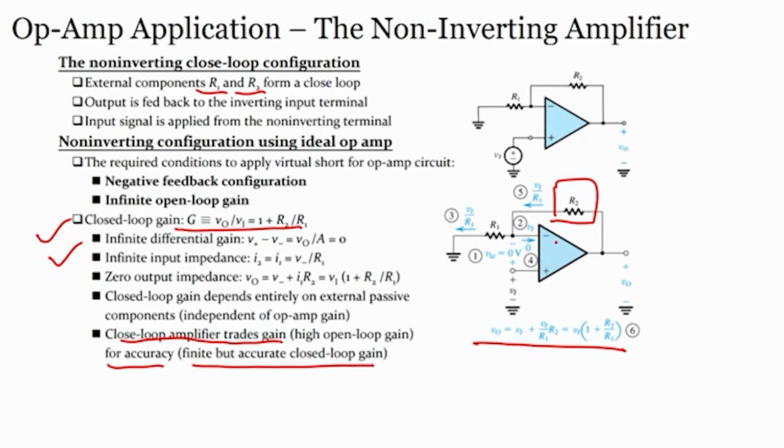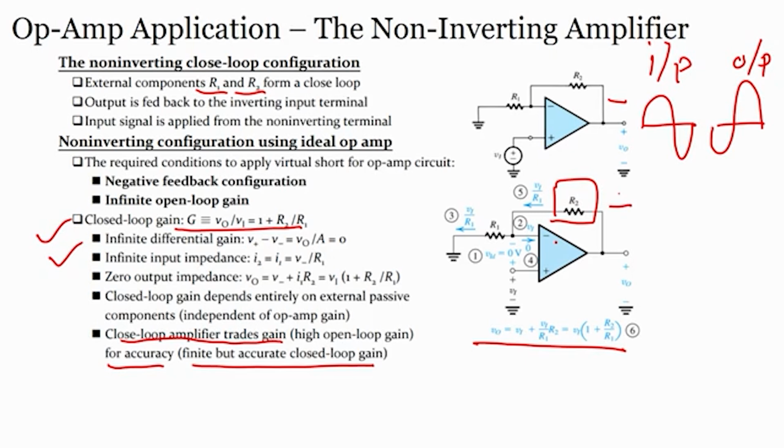Now, one thing we have to understand clearly is the difference between the two amplifiers. Let me write it down. If this is input and this is output, then in case of the inverting amplifier, I am writing just a minus symbol, the signal if I apply here, the output would be opposite, 180 degrees opposite.